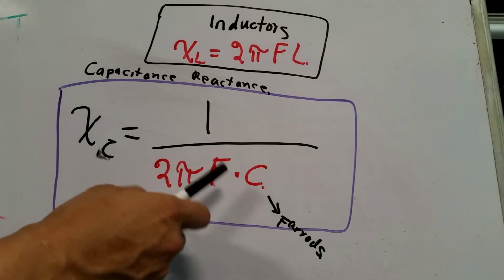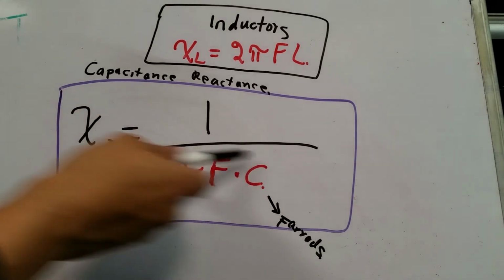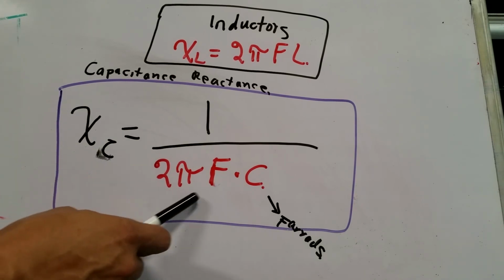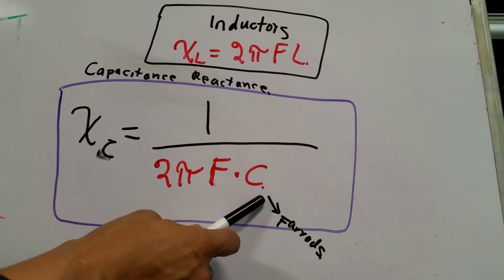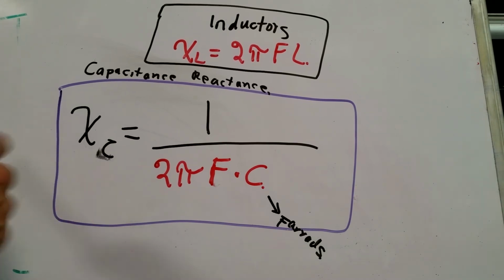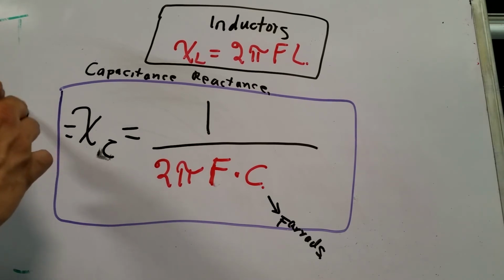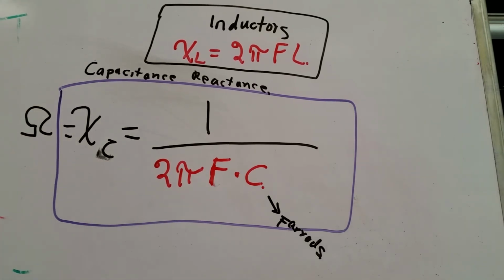So the formula is a little different: 1 divided by 2 pi times frequency times the farads. That will give us the reactance, which is the same thing as the resistance, and it is given in ohms for the capacitor.